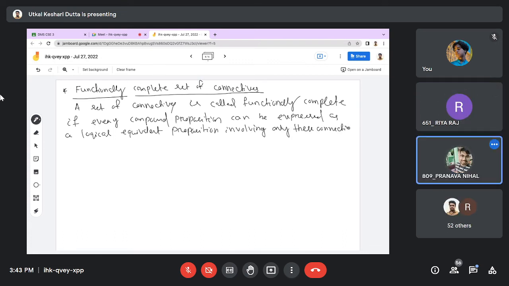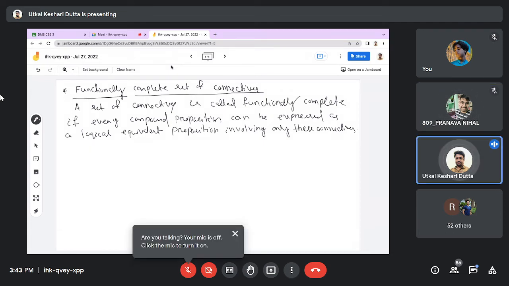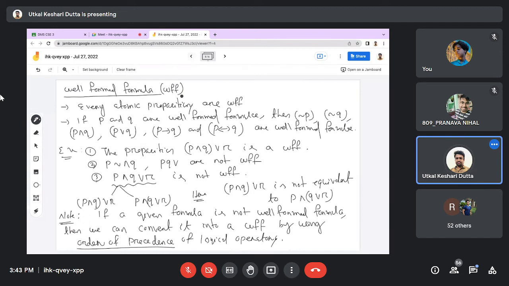Sir, will P union Q without bracket be well formed? P union Q without bracket, yeah, that is also well formed, no problem. See, for that notation, if it is a single one like P conjunction Q, you may take bracket or no bracket.